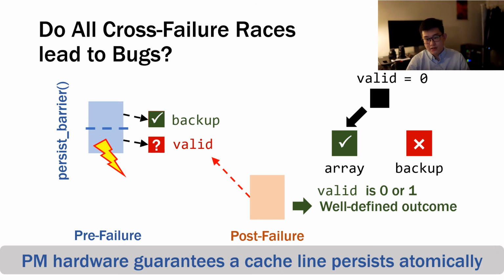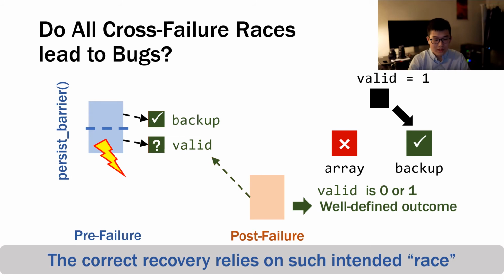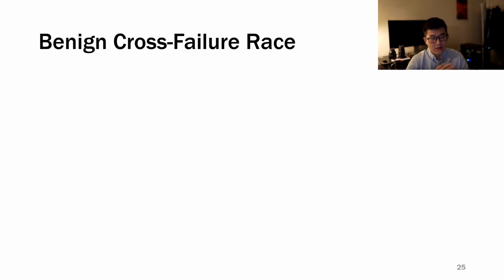And if the value is 1, we know the backup is keeping the latest data. In both cases, the value is well defined, so we don't have any problem. And we found that the correct recovery actually relies on such an intentional race. So we call such a behavior a benign cross-failure race, because it's not causing any problem.